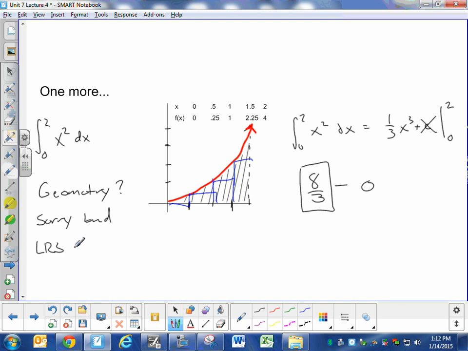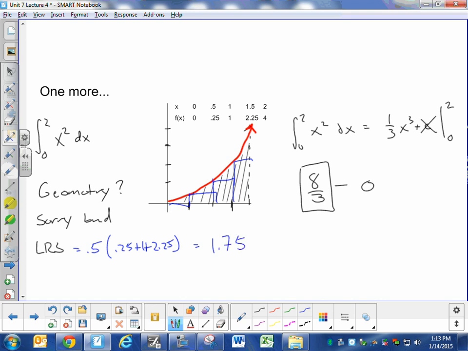So it would be 0.5, which is the width, times 0.25 plus 1 plus 2.25. That's 2.5 plus 1, that's 3.5 times 0.5, which is 1.75.